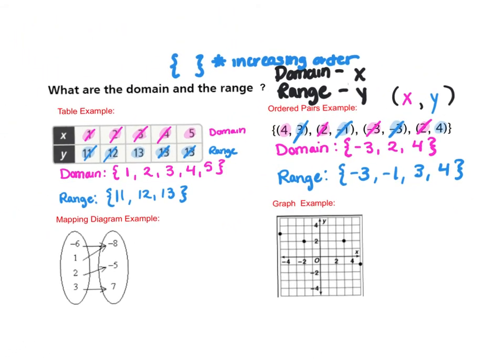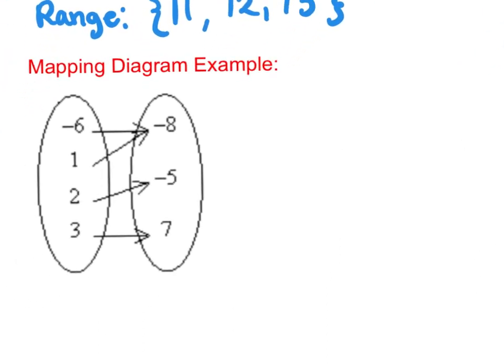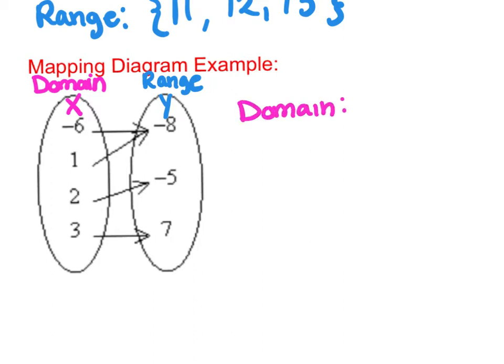For the next example, for the mapping diagram, we again know that our domain is always the x's. So the first oval represents our x's, which is the domain, and the second one represents our y values, which is the range. So if I'm going to list the domain here, the domain is all of my x values.